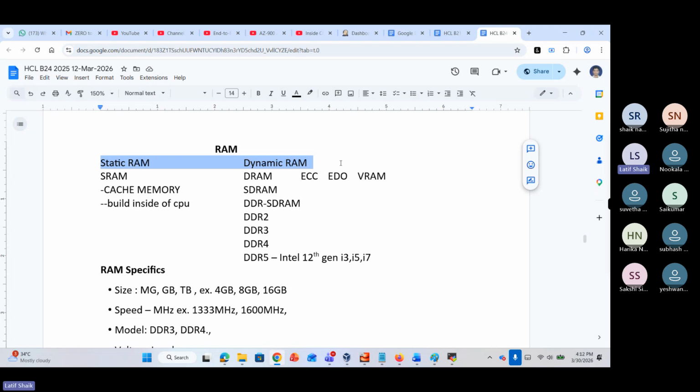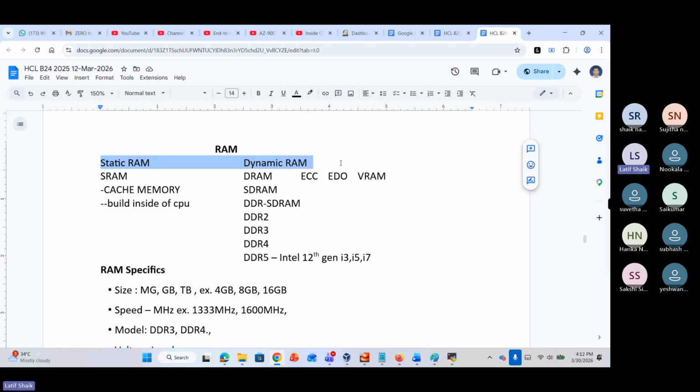If it is an older computer, maybe DDR3. But in the last 4 or 5 years, it is DDR4 or DDR5. In the last 3 years, it is DDR5 only. 12th generation onwards, DDR5 support is there. Up to 11th and 12th generation, it is DDR4 only.